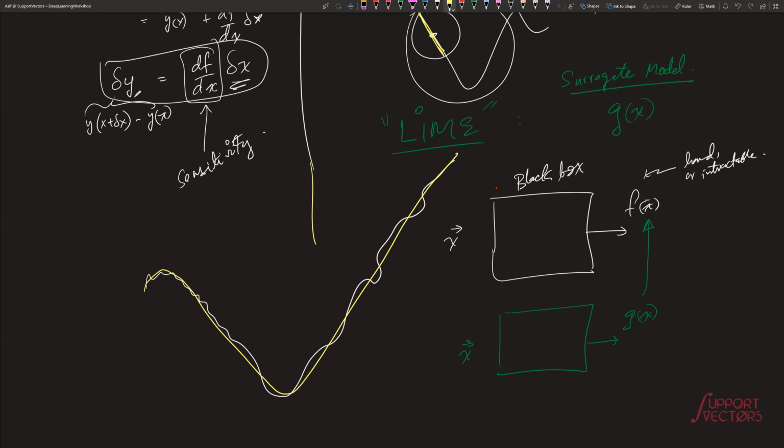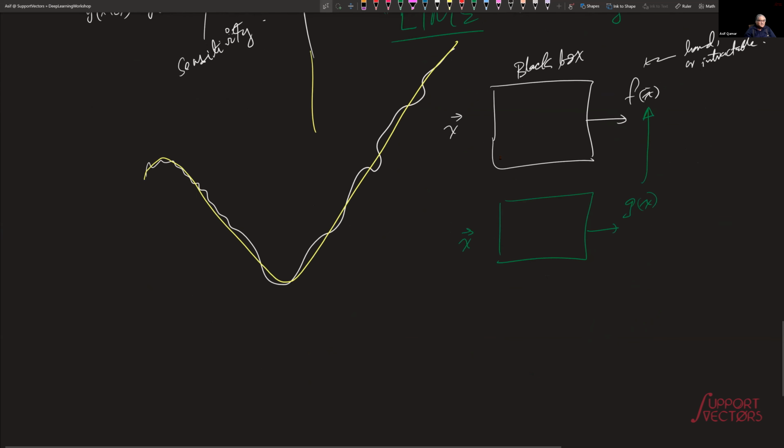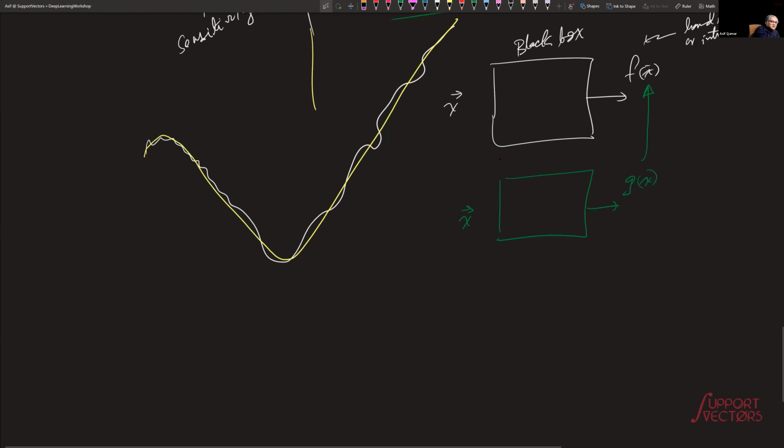Now, you don't need to make global surrogates. You can make local surrogates. We did say that locally, every function is a manifold which can be approximated as a linear function.